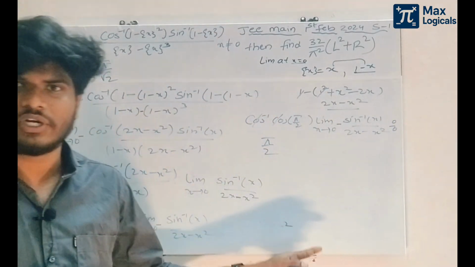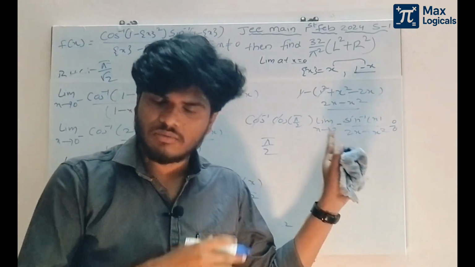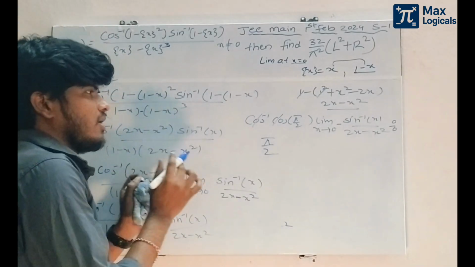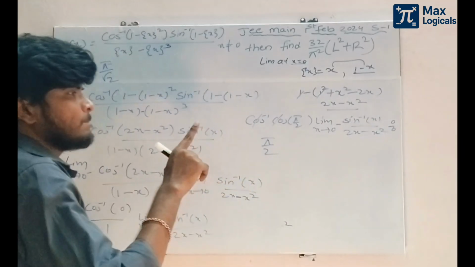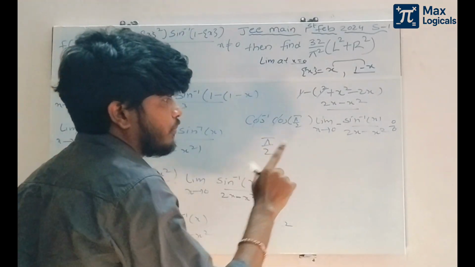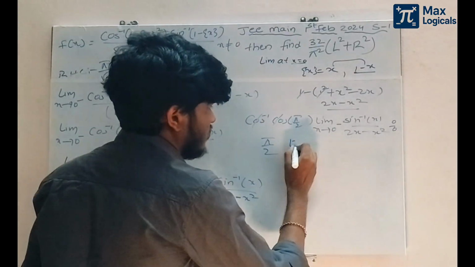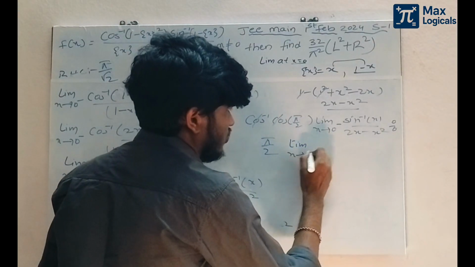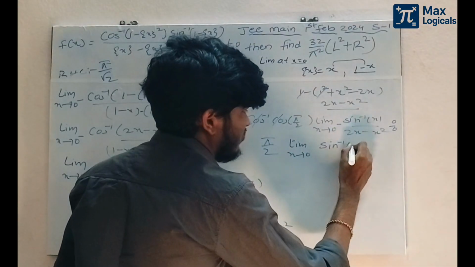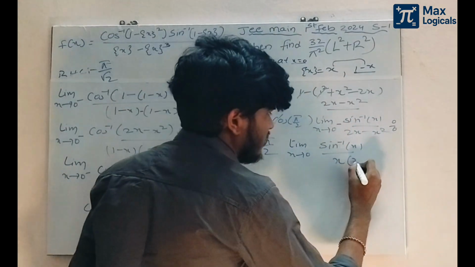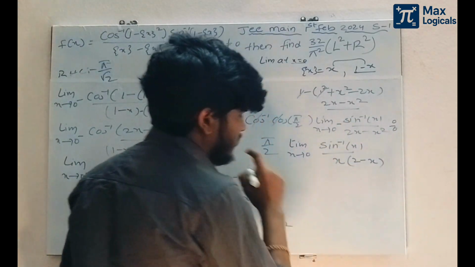Now what can we do? We can apply the L'Hospital rule. First we take x common in this function. Limit x tends to 0 of sin inverse of x by x, and taking x common in 2x minus x square we get x into 2 minus x.